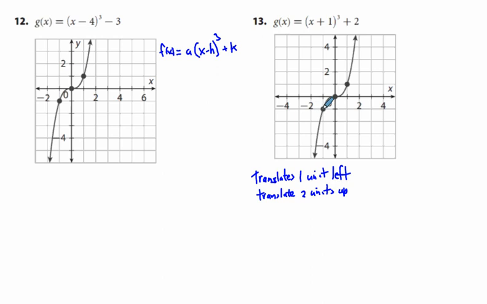That's what I'm going to do in this one. I'm going to go 1 to the left and 2 up. This origin, I'm going to go 1 to the left and 2 up. This 1 comma 1, I'm going to go 1 to the left and 2 up. It doesn't look right. 1 to the left, 2 up, 1 left, 2 up, 1 to the left, 2 up. Yeah, I guess that is right.